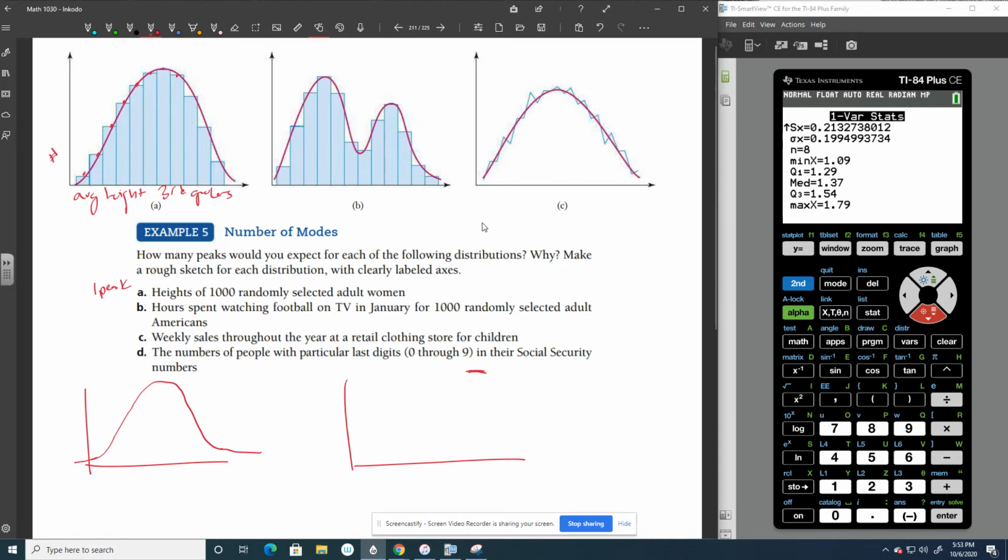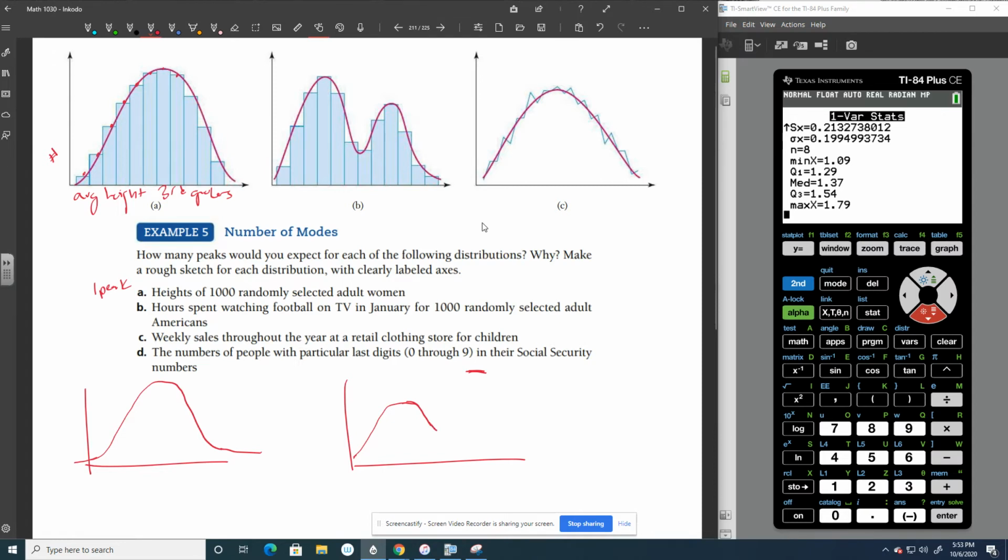I would say that you have just your casual fans, and then you have your super fans of football, right? So if I'm looking at just my casual fans, there's some that aren't going to watch very much football, and then you're going to have your average amount of viewing. And then among the casual fans, there's going to be some that start watching a lot more than their average counterparts.